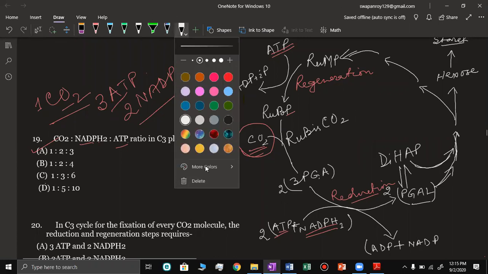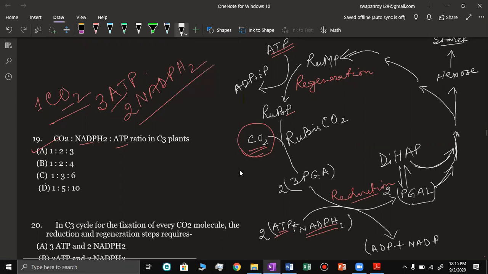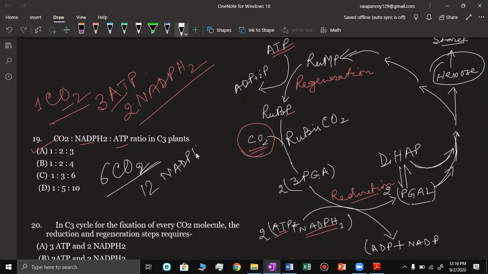And for one molecule of hexose sugar, 6 molecules of carbon dioxide are required. To reduce these 6 molecules of carbon dioxide, 12 NADPH2 and 18 ATP molecules are required.